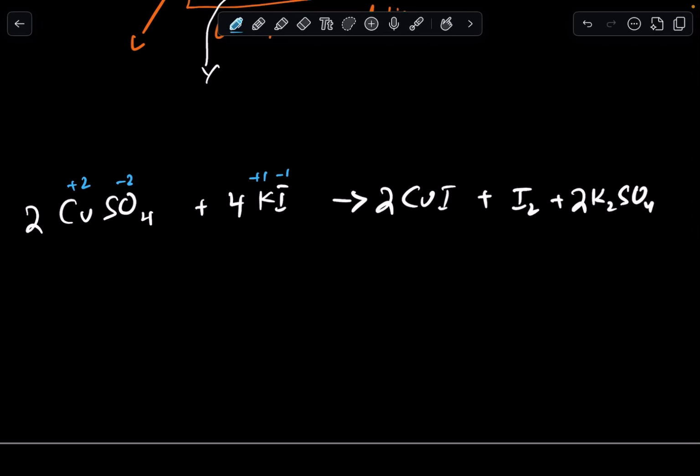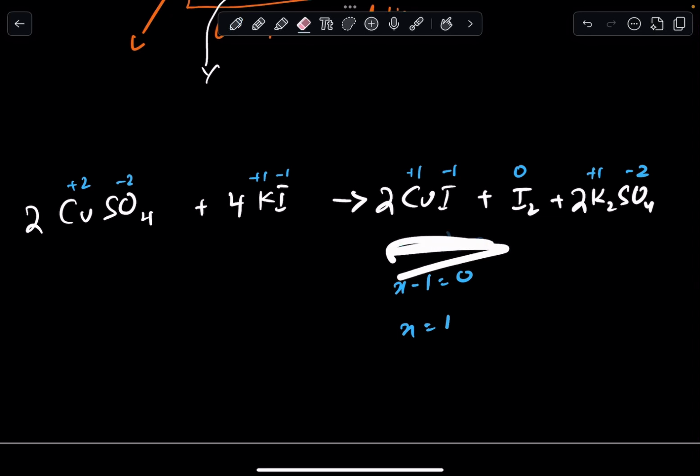Let me tell you this, that copper, we don't know the oxidation number of copper, so I'm going to write X, but we know that the iodine belongs to group number 7, so it has -1 charge, and the total equals 0 because the neutral compound has 0 charge overall. So X - 1 equals 0, X equals 1. So you can see it has +1 charge, it has -1, it has 0 because this is element by itself.